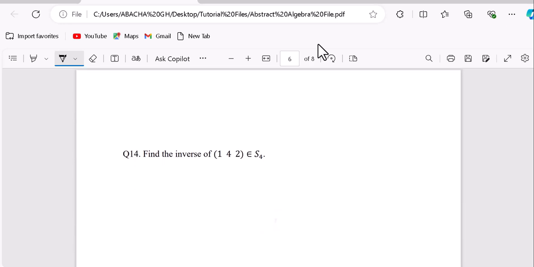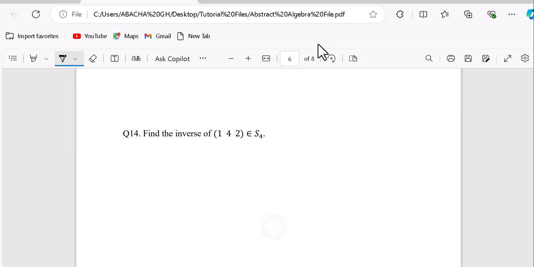Now we're asked to find the inverse of this particular permutation in S4. Since they say it's in S4, that means we have 1 2 3 4, and 3 is fixed.